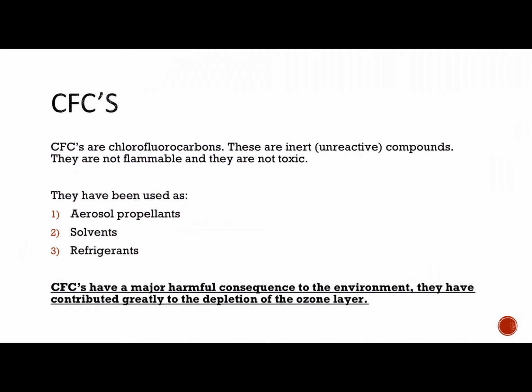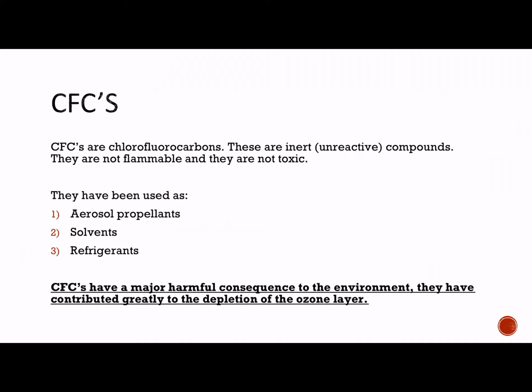Chlorofluorocarbons. So depletion of the ozone layer happened primarily because of the introduction of chlorofluorocarbons in the early 1900s. Scientists made these molecules in a lab, and they started to use them as aerosol propellants, as solvents, as refrigerants, and for many other uses in America.